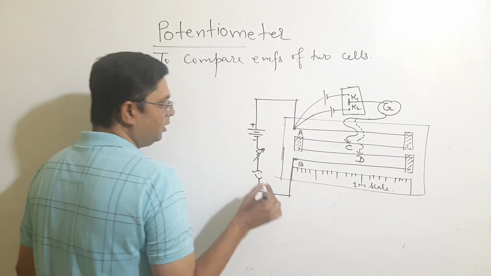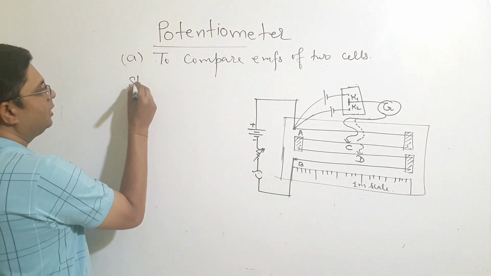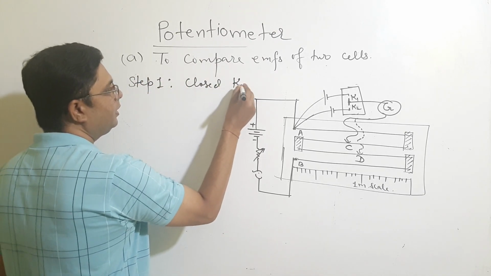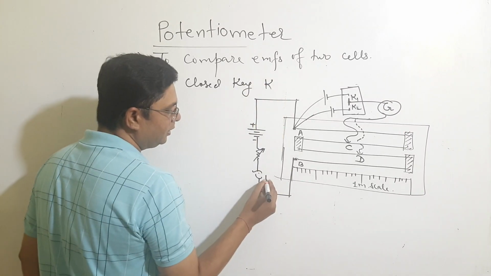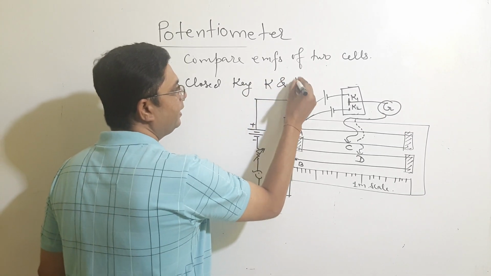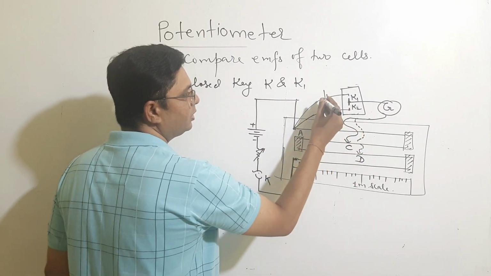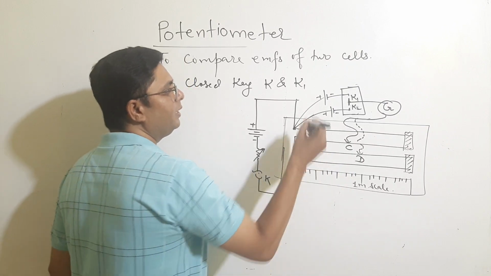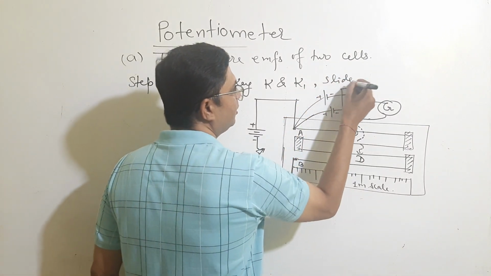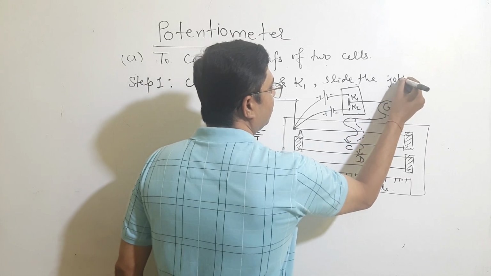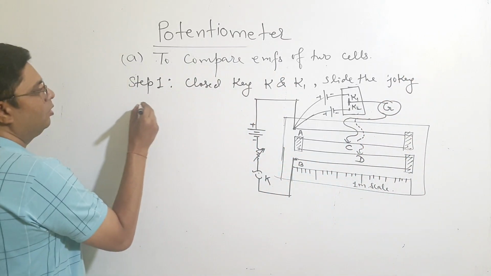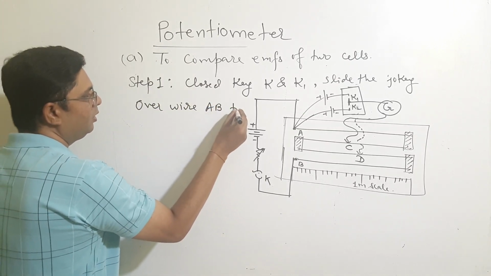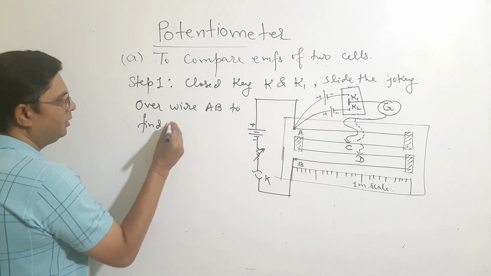Now step 1: close key K and K1. Then we slide the jockey over wire AB to find the null point.